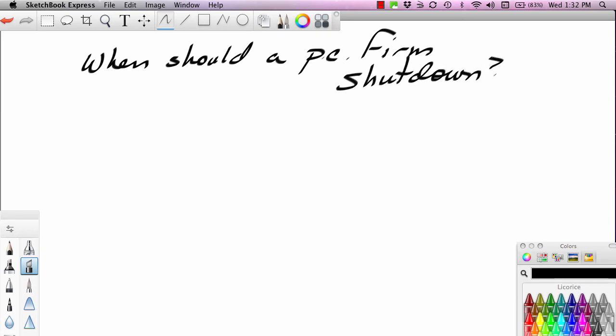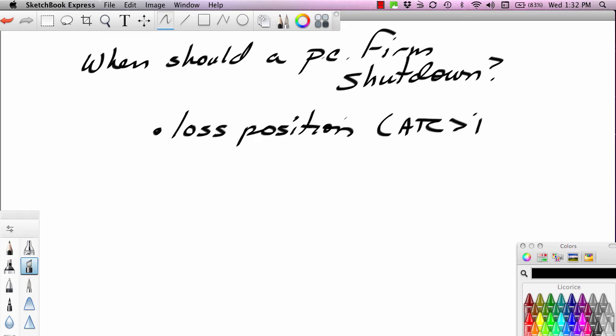That's the question. Well, we know that the firm would have to be in a loss position. You're not going to consider shutdown if the firm's in a profit position. By the way, a loss position would be a situation where ATC is greater than P at Q min.